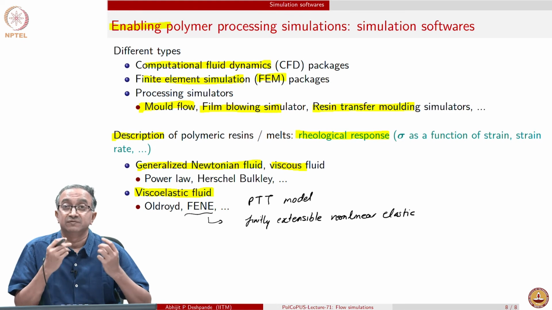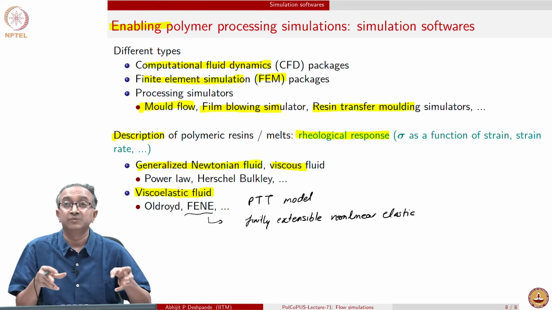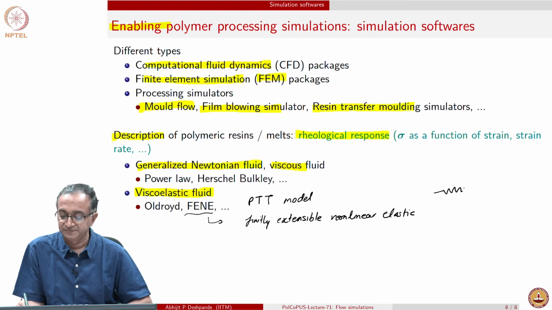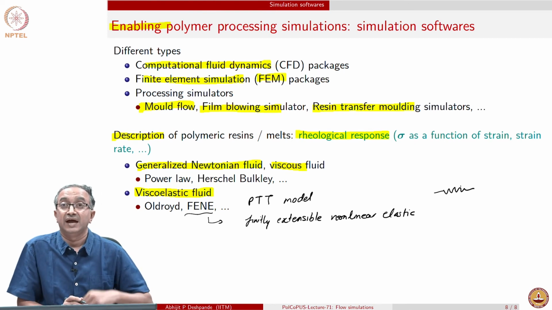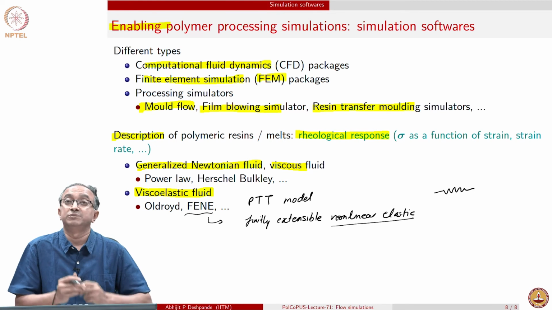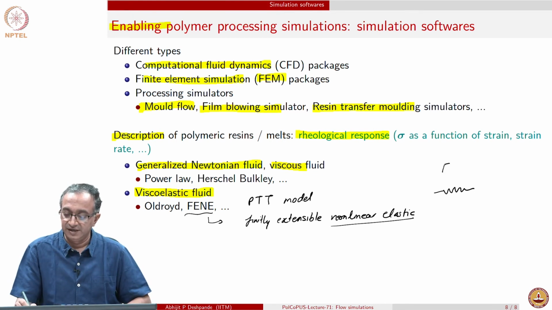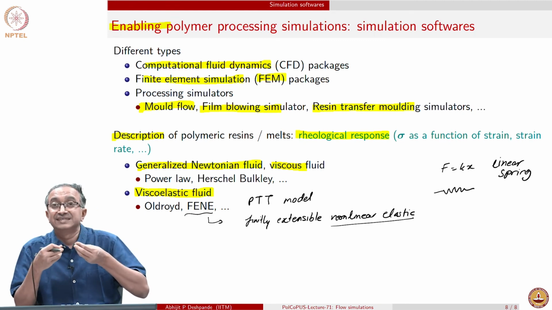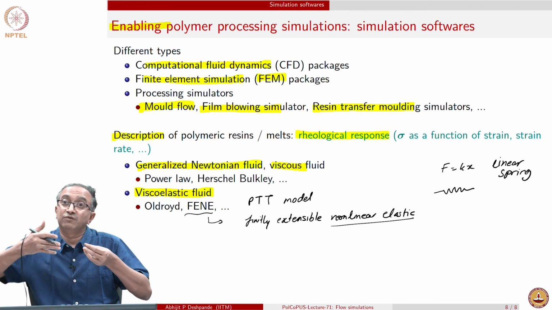It imagines the polymer segment as a spring, and the spring is nonlinear elastic, which means, F equals Kx is a linear spring. However, when we start stretching a segment, as it stretches, the force required will be more and more.